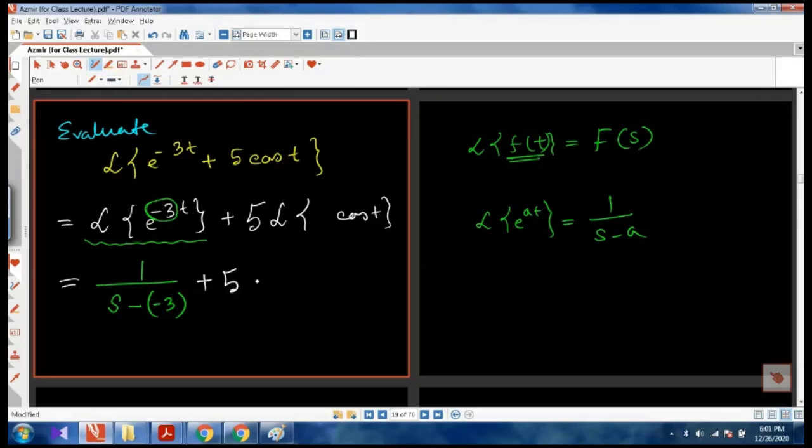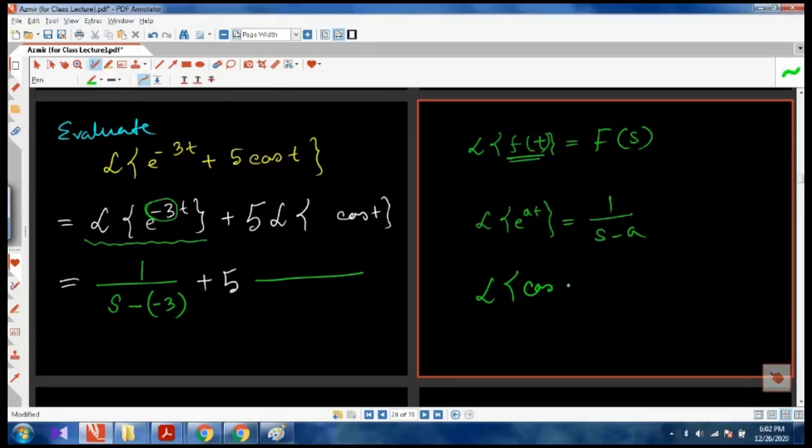Plus 5 Laplace transformation of cosine t. We know Laplace transformation of cosine kt is actually s over s squared plus k squared. So it is cosine t. So what will be the result? Try to respond. First tell me what is the value of k here? Cosine kt, cosine t.